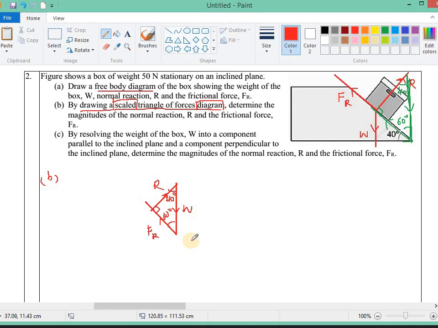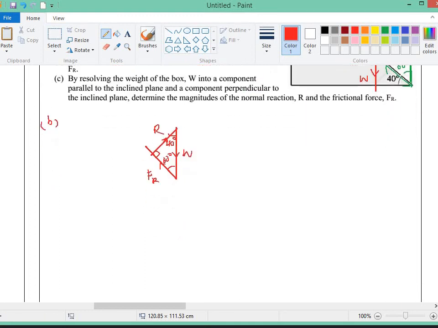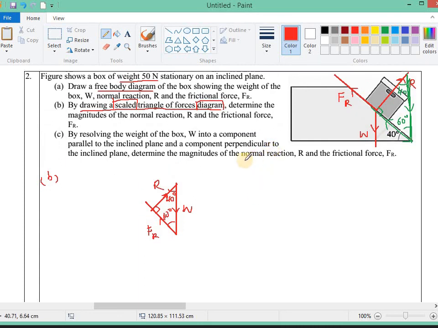So we want to determine the magnitude of normal reaction R and frictional force Fr. It says that the weight is 50 Newton. So we need to determine a scale first. We can take 1 centimeter to... because the weight is 50 Newton, we want our diagram to be a bit bigger, so we put 5 Newton. 1 centimeter represents 5 Newton.